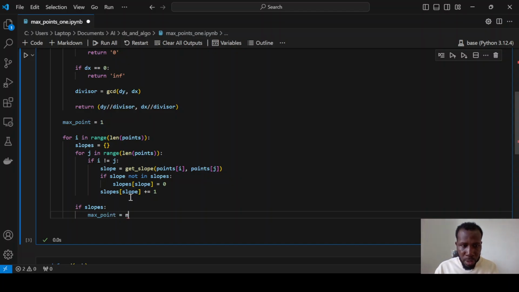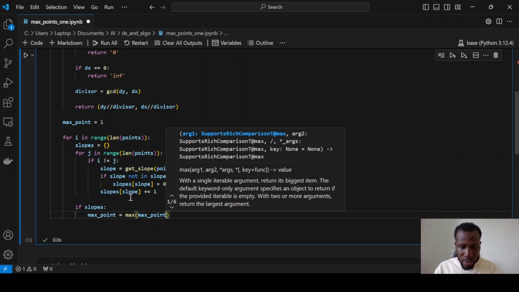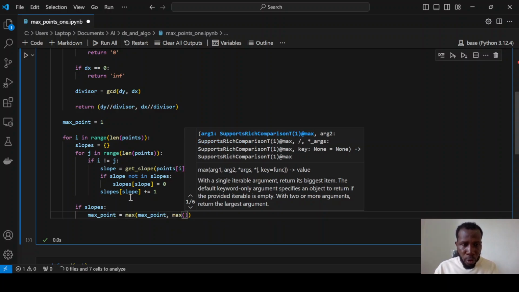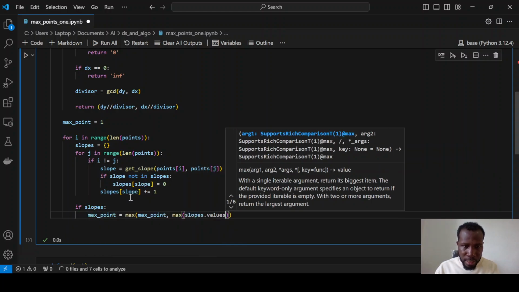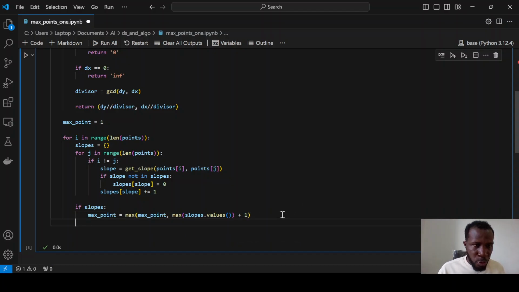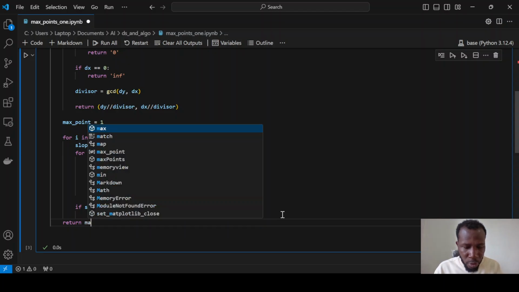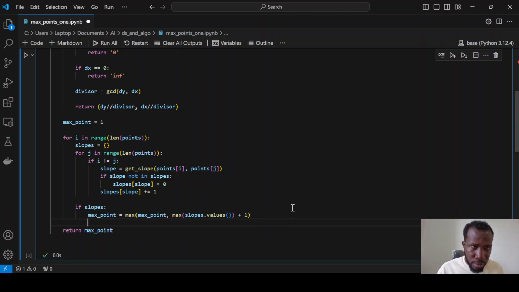The maximum point is going to be the maximum of the maximum points, which in this case is 1, and then the maximum of all the values that are in the slopes, whatever it is, then plus 1. Because 1 is taking care of the point from which we are counting the other ones. So it's going to return to us the maximum points. I think it's done here.